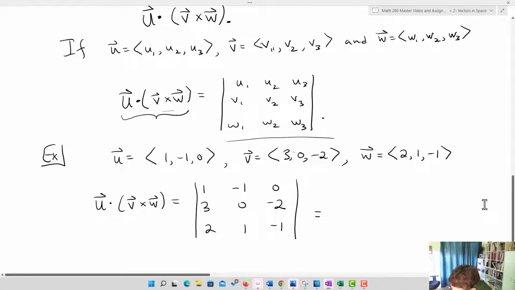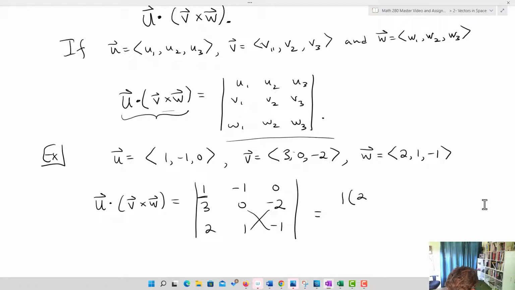And so this gives me 1 times essentially 2, because it'll be 0 minus negative 2, so we'll write that down: 0 minus negative 2, minus negative 1 times negative 3 minus negative 4, plus, and this is 0, so we really don't have to do anything else with it, but we'll do it anyways, 3 minus 0.